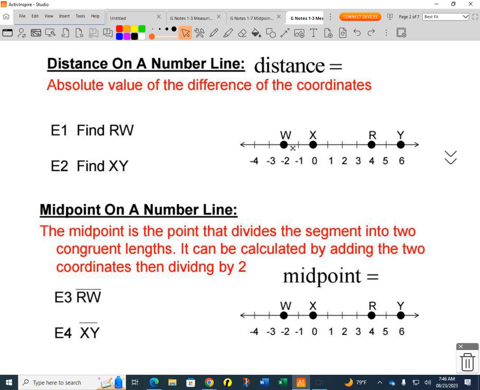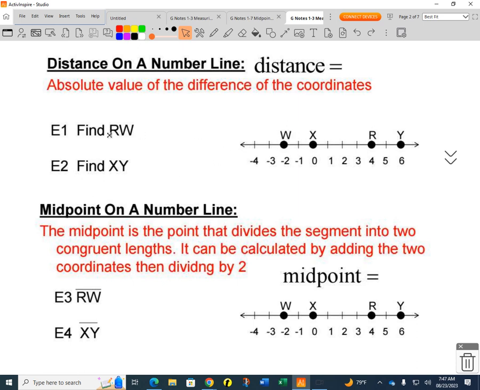There's only 1 coordinate. The coordinate for W is -2. The coordinate for R is 4. The coordinate for X is 0. Now there are other numbers in this number line, but there are no points plotted on those other points, right? So if we want to know the distance between point W and point X, we can just count 1, 2.